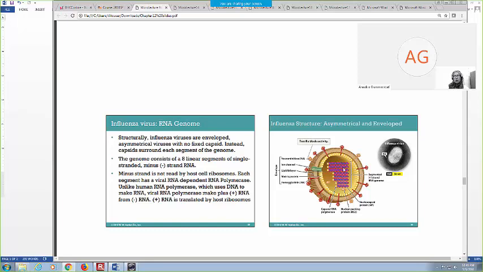But your question was about the seasonal flu, and the key here is that influenza has an RNA genome. Any virus with an RNA genome is inherently more likely to acquire mutations and inherit those mutations, in the sense that the virus progeny will be different from the parent virus that infected that cell.